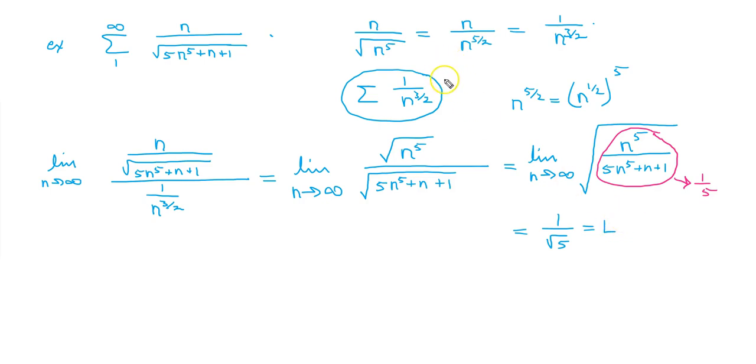So therefore, if we look back at the series that we were using to compare our original series to, 1 over n to the 3 halves, we know that this converges by the p-series test because the p is 3 halves, which is bigger than 1. So this series converges, and so therefore our original series right here converges as well.